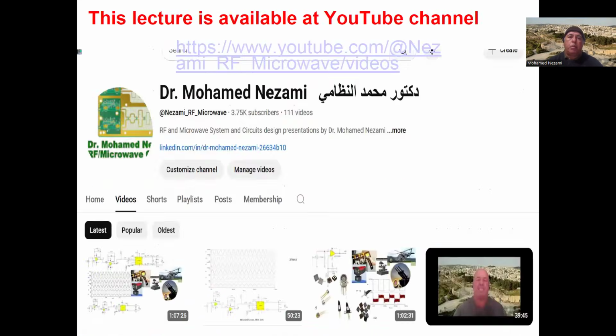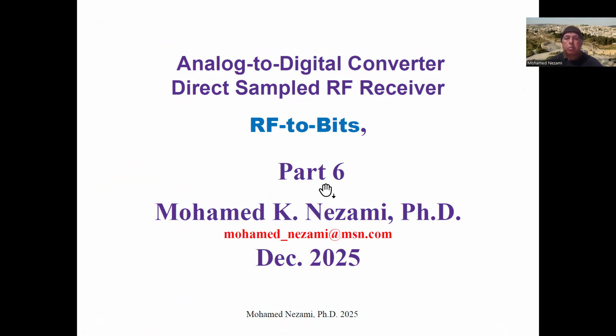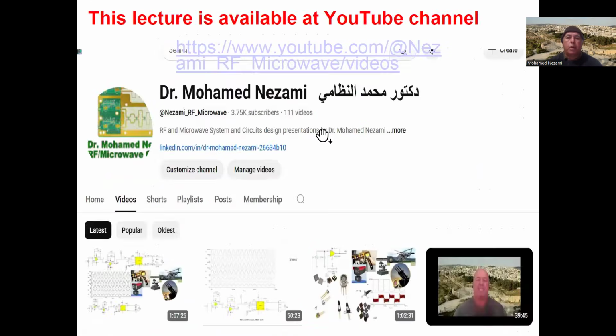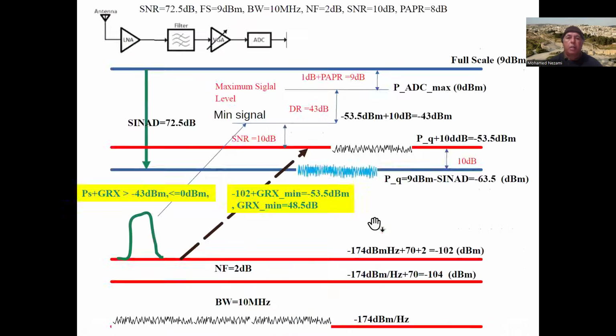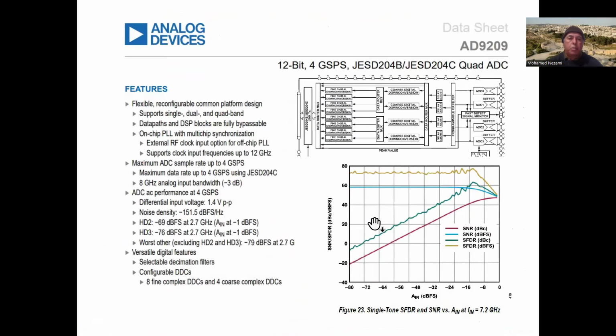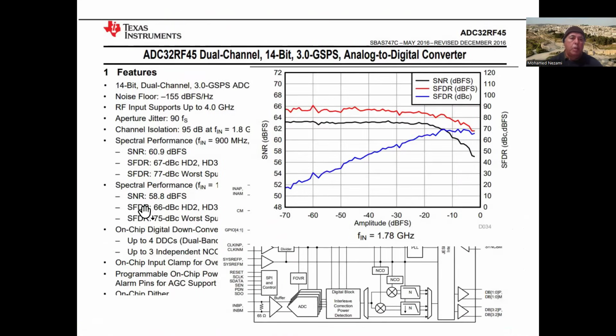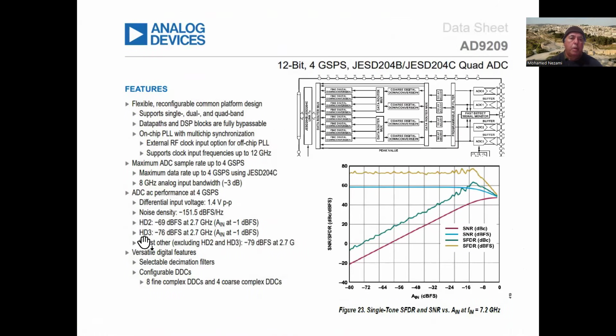I think we're done with this part. So I'm going to see you in the next parts. And this time around, we're going to dig deeper into the ADC, and we're going to have to look at these specifications in here, which is the harmonic distortion. Let's see if it's mentioned in here. Maybe I didn't pick it. Okay, here it is. The second order harmonic distortion and third order harmonic distortion.